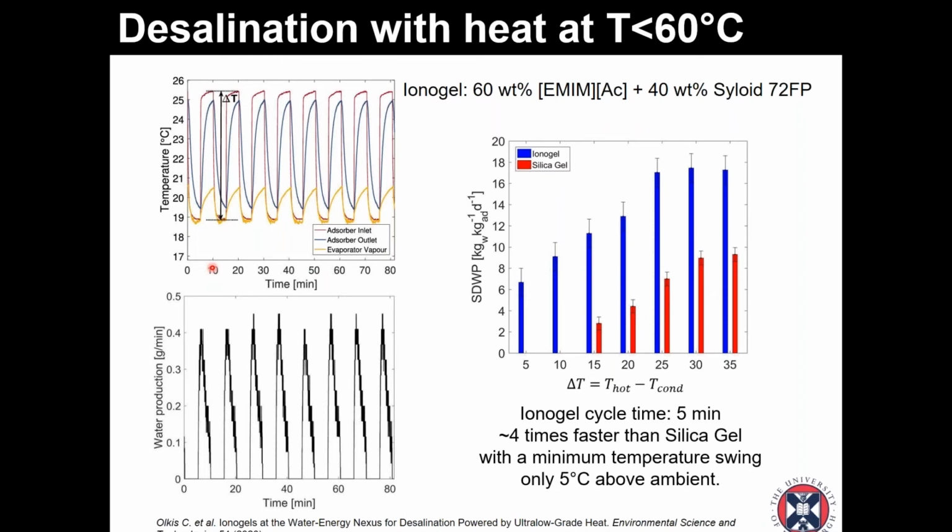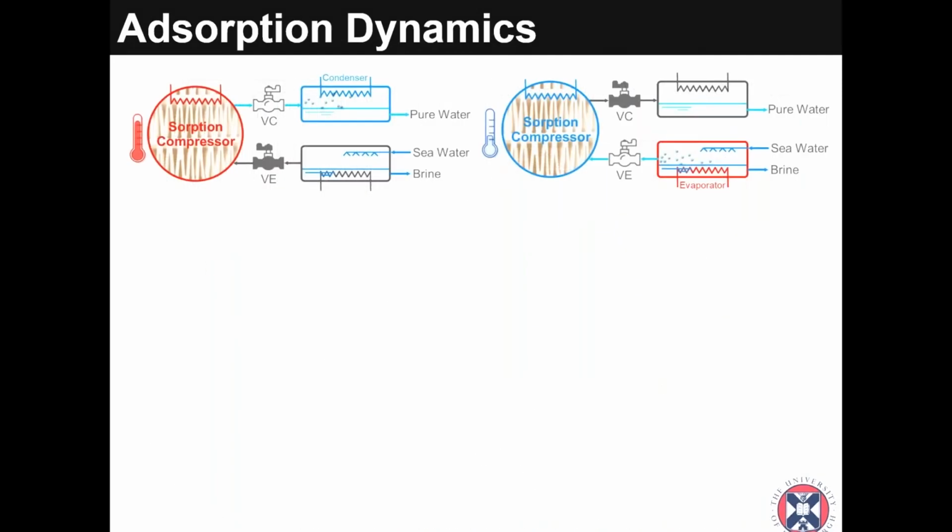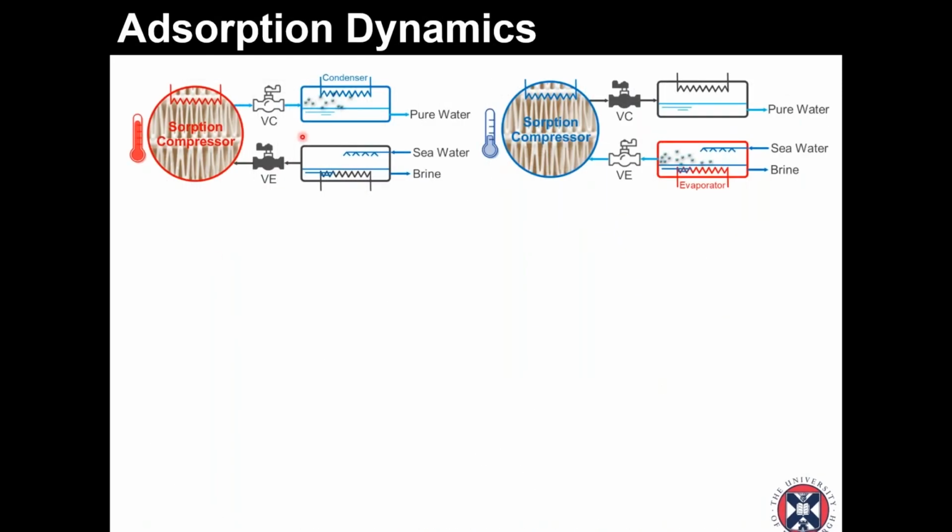Then we went to check why this was going on, because we have also seen some unexpected behavior of the material. The unexpected behavior is linked to the dynamics of the material, the dynamics of the adsorption.